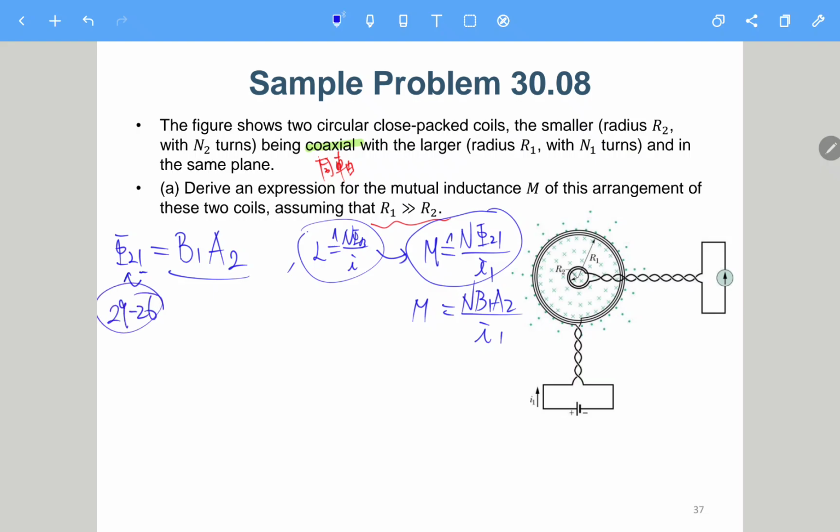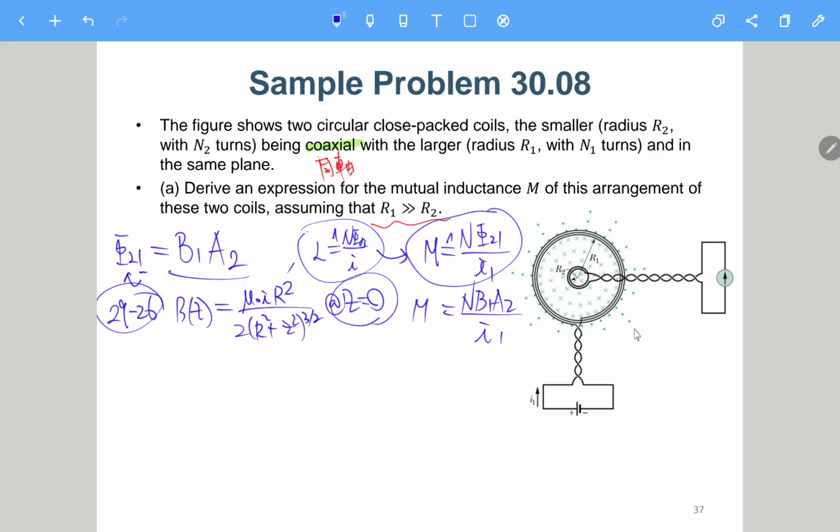For equation 29.26, we have B of Z equals mu 0 I R squared over 2 times (R squared plus Z squared) to the 3 over 2 power. This is the case when Z equals 0.